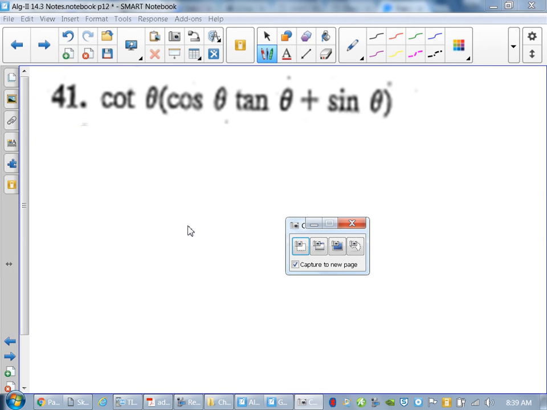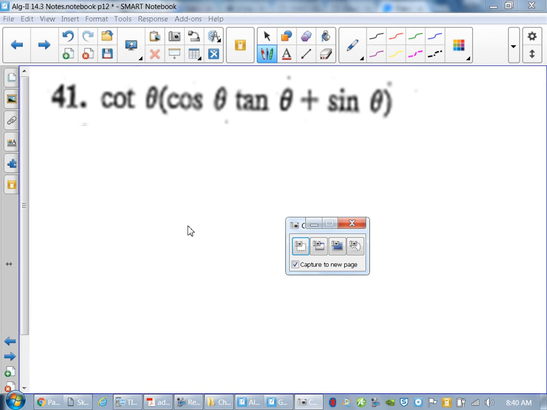In 41, you have a bunch of different options as far as how to start it. Now, one of the things that you can do is rewrite the interior, the parentheses, or basically rewrite everything in terms of sines and cosines, since you have cosines, you have a sine, you have cotangent, you have tangent.